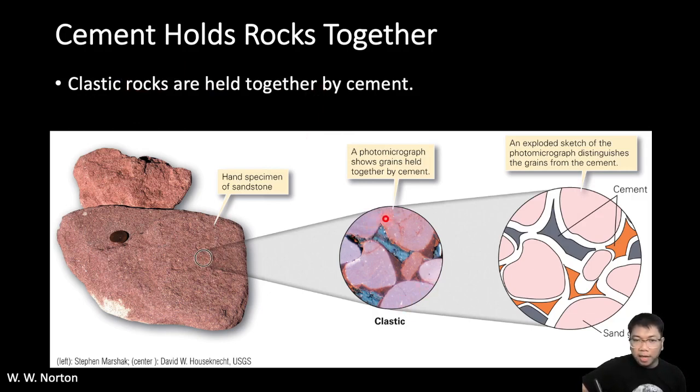These reddish areas represent individual grains of sand, and in between those grains we have cement. This cement acts like glue that holds the individual grains together, creating a solid body of sedimentary rocks. We'll talk more about this when we cover sedimentary rocks.